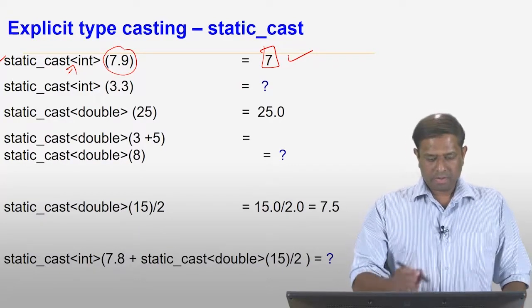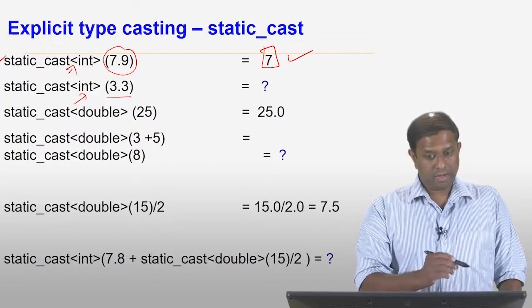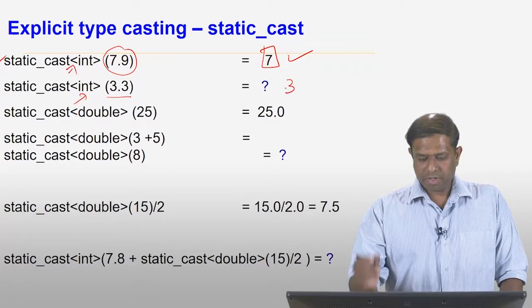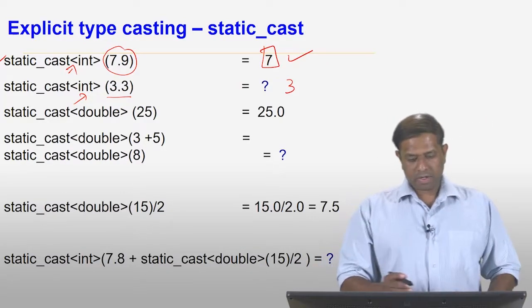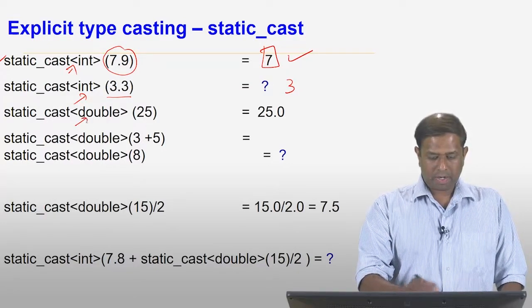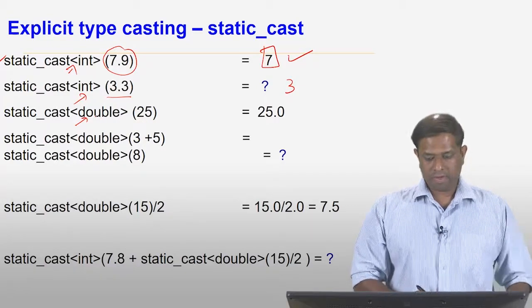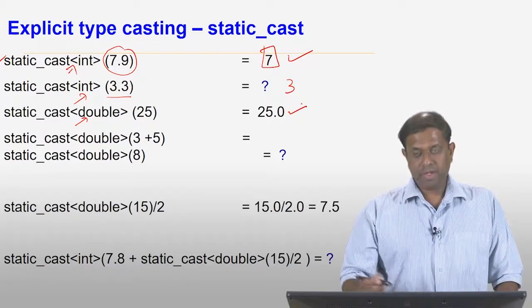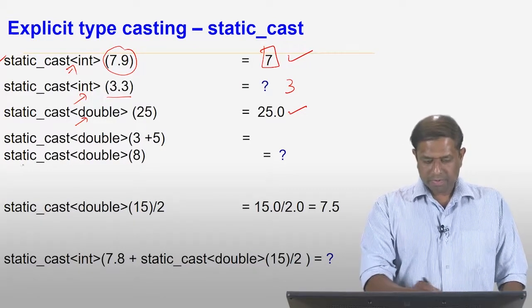Likewise, when you convert 3.3 into an integer, the value is 3. If I want to convert 25, the integer value, into a double value by typecasting, I can specify that, and that is going to be 25.0.